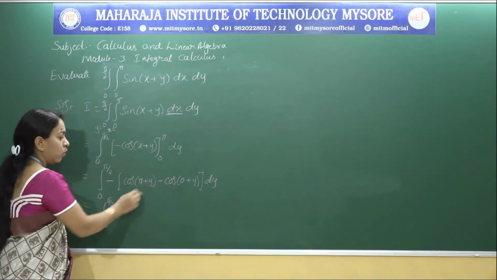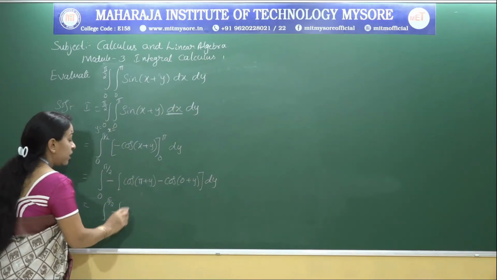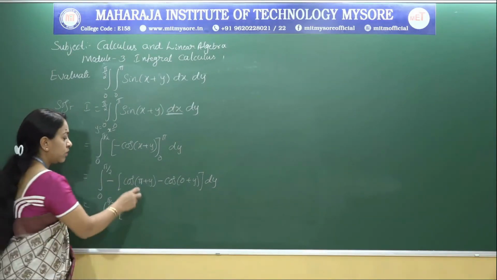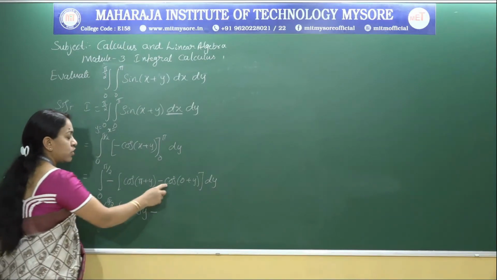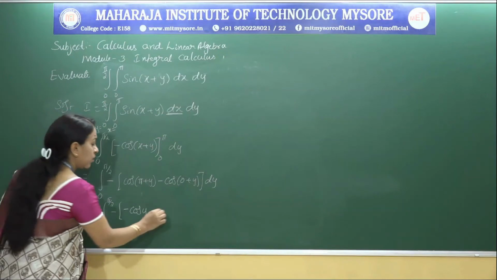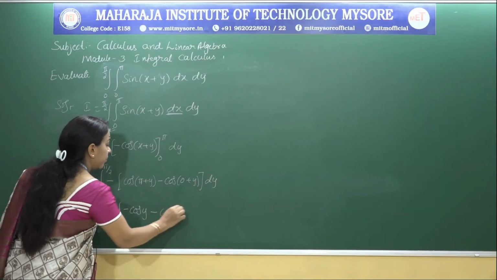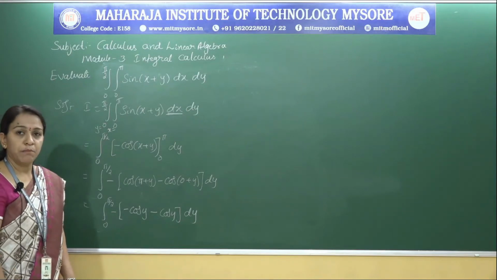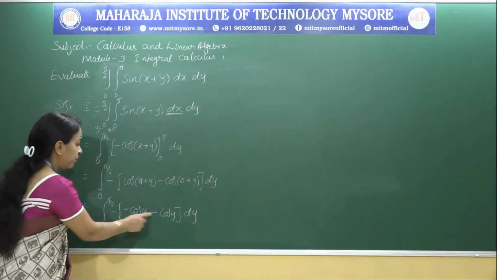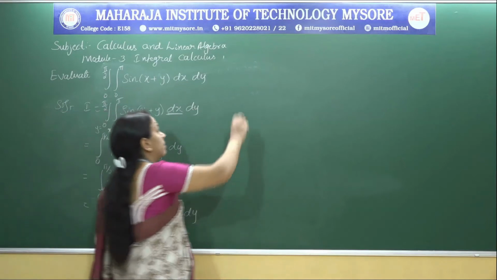Cos of pi plus y comes in the third quadrant, right. So that is minus cos y, minus cos of 0 plus y, which is nothing but cos y, dy. So minus cos y minus cos y is minus 2 cos y, and minus into minus becomes plus.